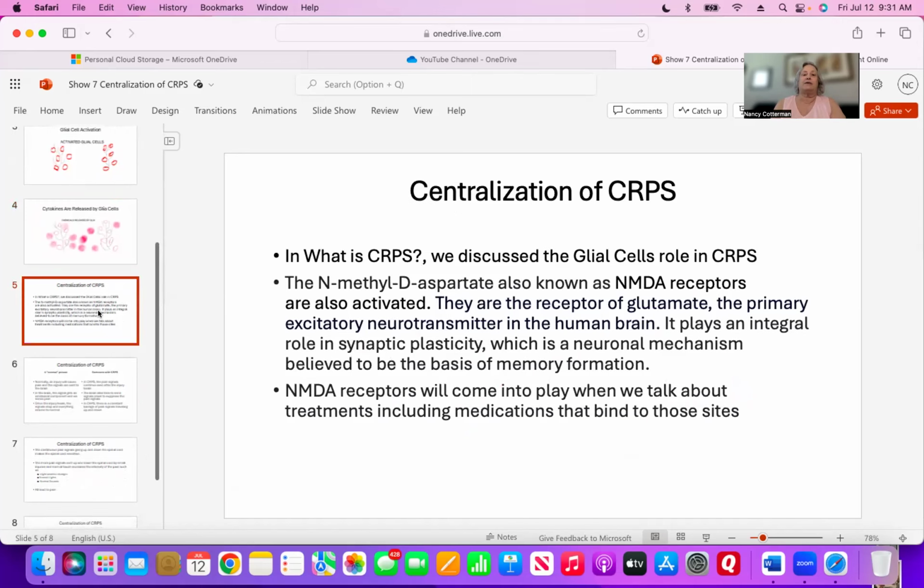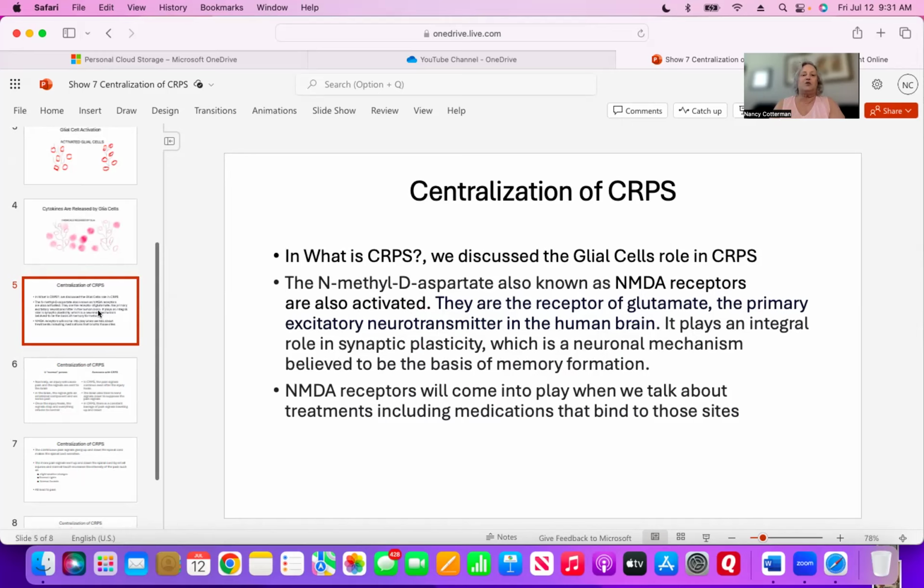What is CRPS? We discussed the glial cell's role in CRPS. Also, NMDA receptors, which is N-methyl-D-aspartate, are activated. They are receptors of glutamate, the primary excitatory neurotransmitter in the human brain.